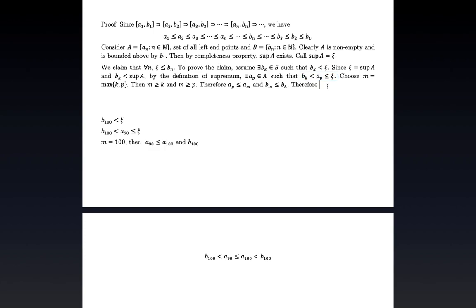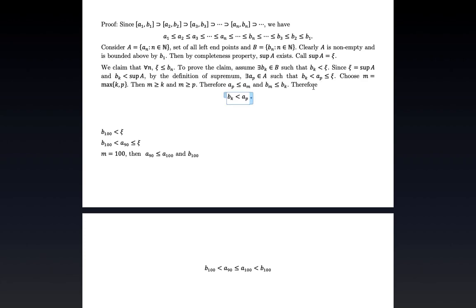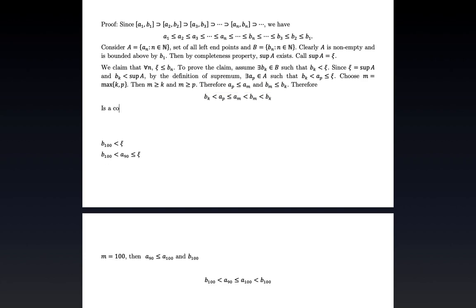Ap is smaller than or equal to Am, which is smaller than Bm, which is smaller than Bk. So this is a contradiction, since Bk has become smaller than itself.